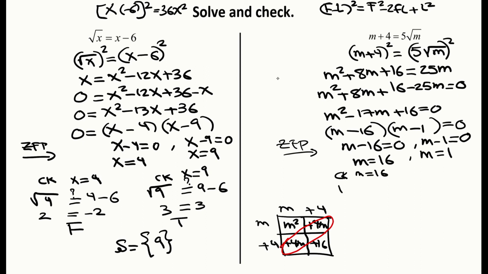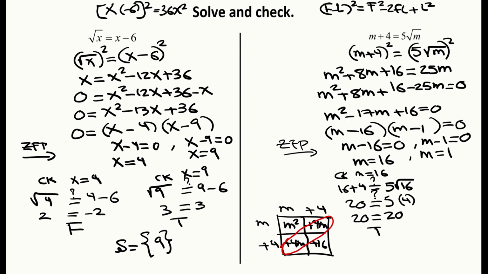So we get 16 plus 4. We're trying to see if that's equal to 5 times radical 16. And next line will be 20. We want to know if it's 5 times 4. And of course, now we can drop the question mark because 20 does equal 20. So this one became true.